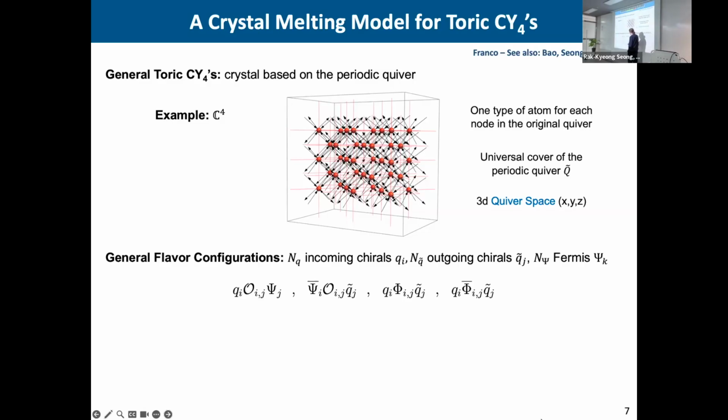Well, so there will be things that have an incoming chiral field and an outgoing, and a Fermi flavor coupled to this OAIJ that just means some field, some operator made out of chiral fields in the original quiver, or in the 0-0 theory, or in the 0-0 part of the spectrum, if you want.